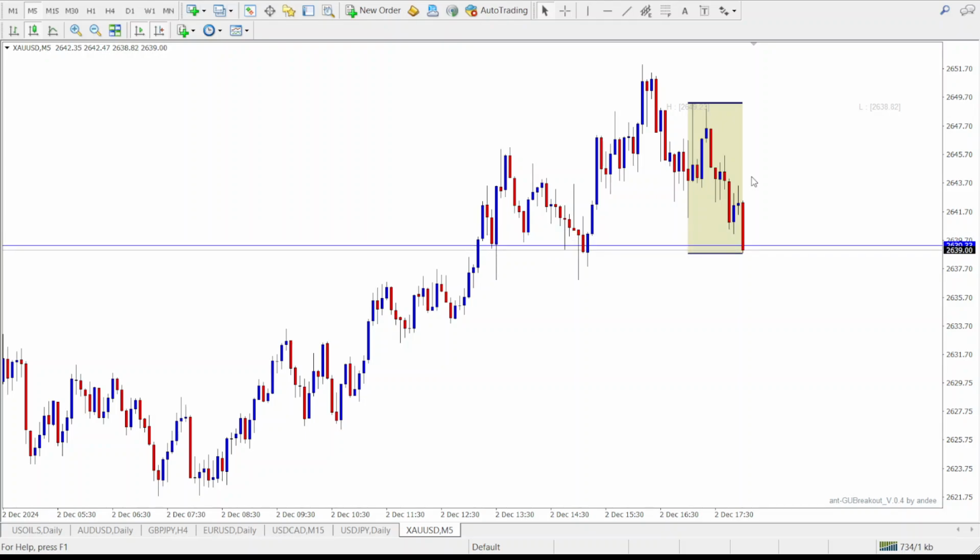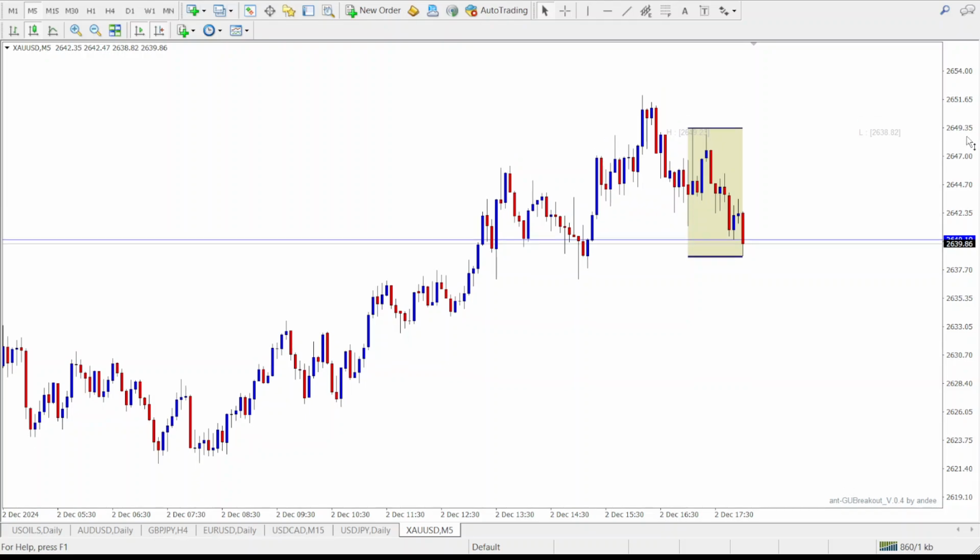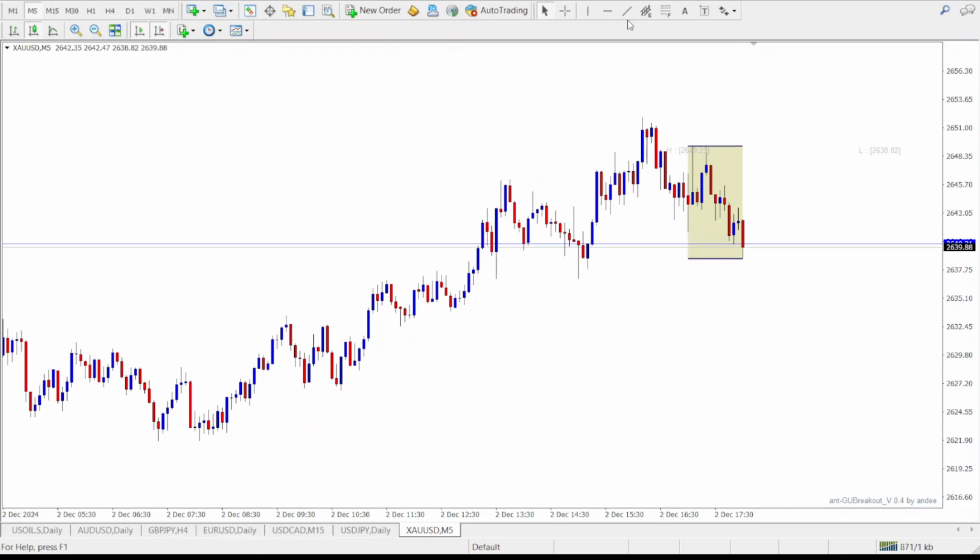But remember that no indicator is 100% accurate. So it is important to confirm trades and signals.